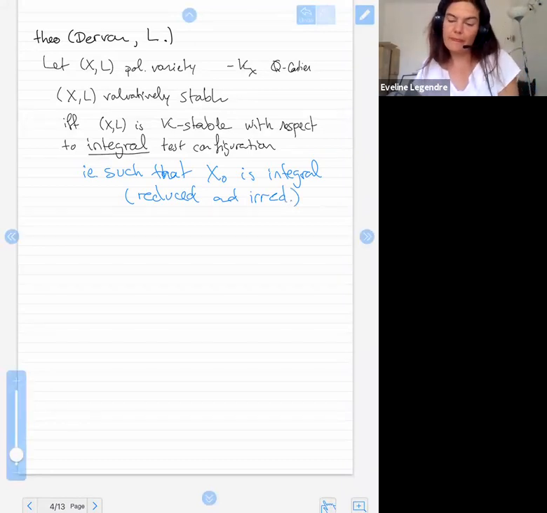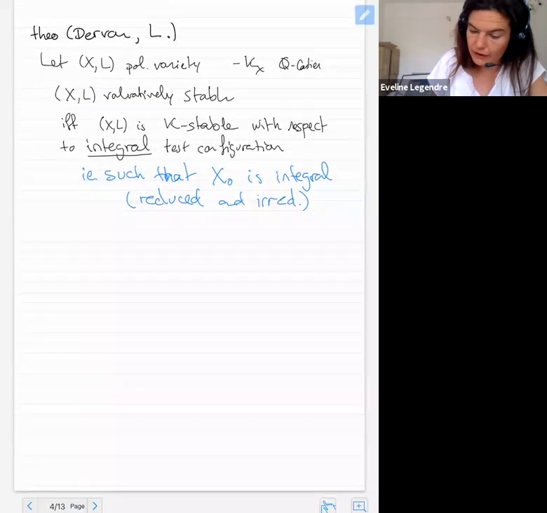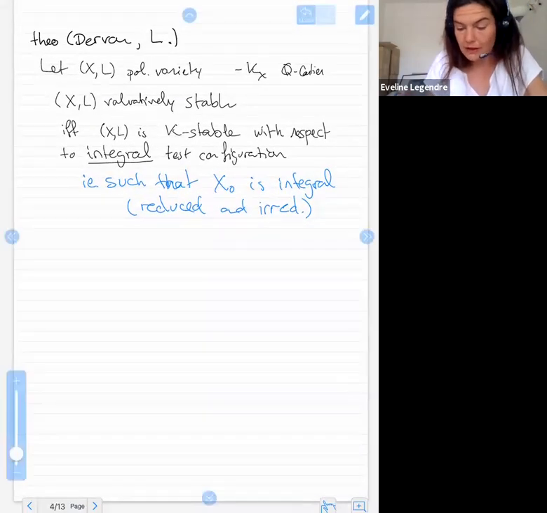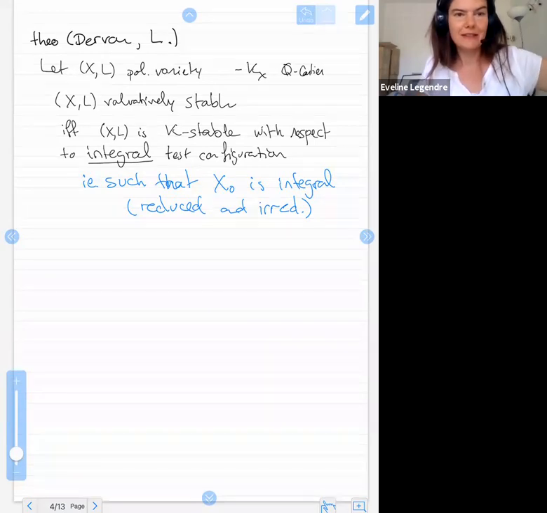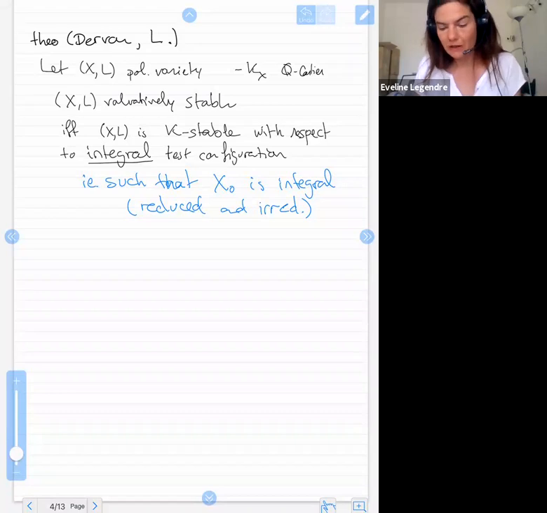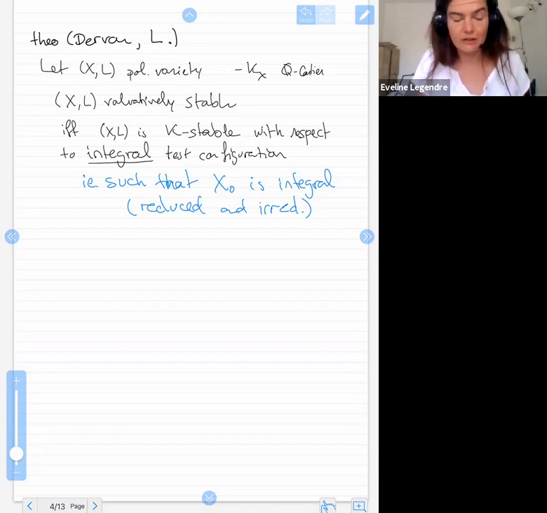It's not completely crazy that this condition of integrality comes in at some point, because valuation, the way we use it and in its original meaning, only makes sense for integral varieties. So it was not completely surprising that we get this.